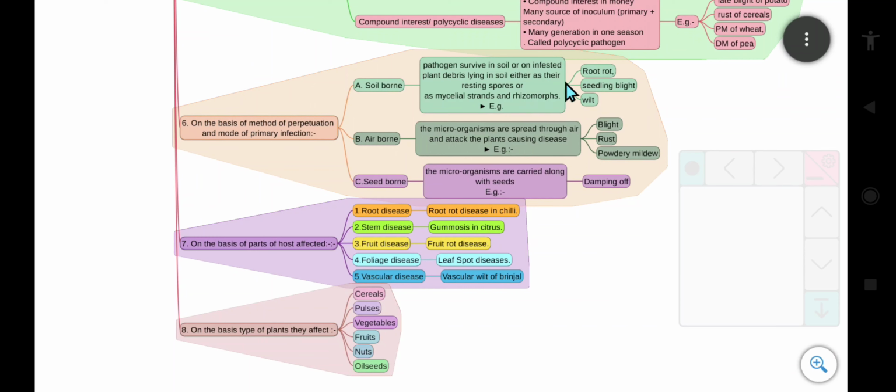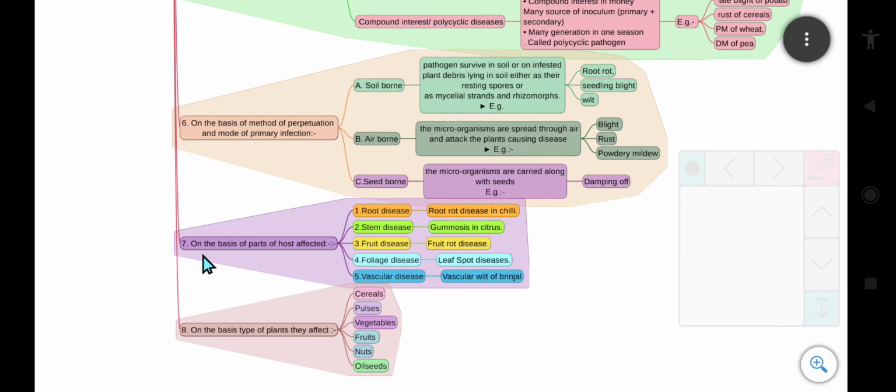Its examples are root rot, seedling blight, and wilt. The second one is airborne. The microorganisms are spread through air and attack the plants, causing diseases. Its examples are blight, rust, and powdery mildew. The third one is seed-borne plant diseases. The microorganisms are carried along with seeds. Its example is damping off.